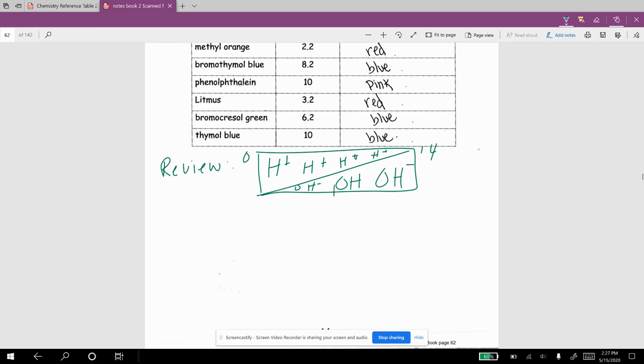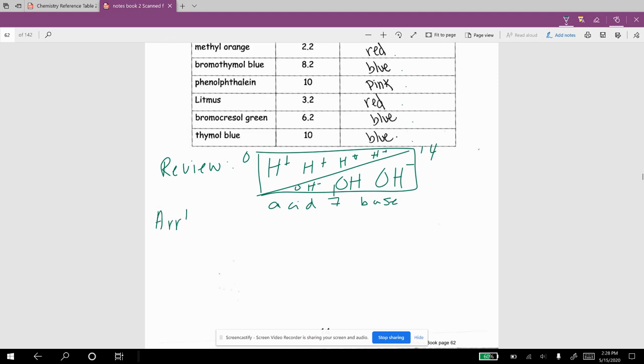When you're at a pH of 7, right in the middle, you have neutral. We have our acid range between 0 and 7, and you have your base range. A comes before B, so the small end numerically of the scale is the acid, and the larger end of the scale is the base.